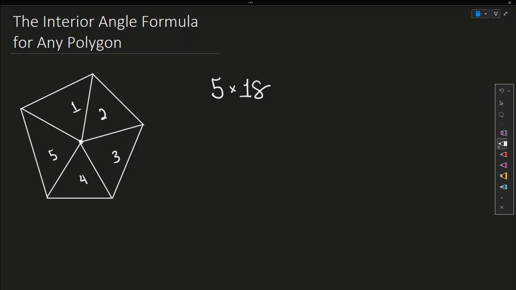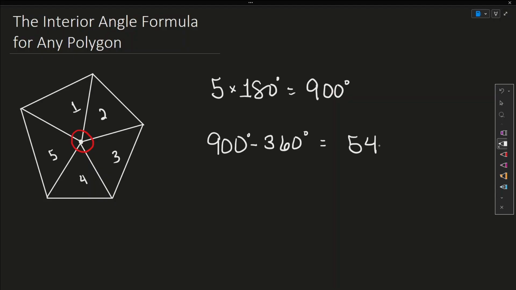Each triangle is 180 degrees, so 5 times 180 gives us a total of 900 degrees. But once again, we have this central circle that does not contribute. So we need to remove it, minus 360 degrees. And this gives us that the angles in the pentagon add up to be 540 degrees.